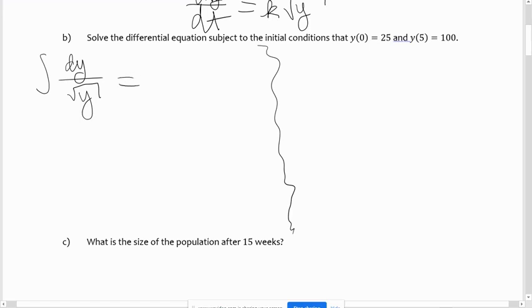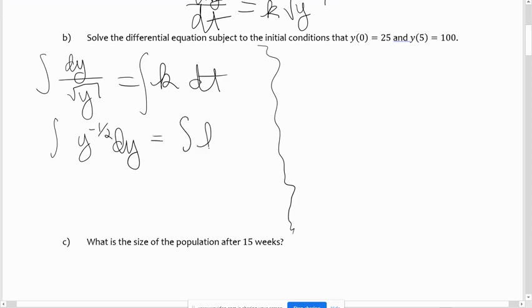And then I'm going to kick the dt over to the other side with the constant, so it'll be k dt. I'm going to do antiderivative, both of those. This would be the antiderivative of y to the negative 1/2 dy. I think you know why. Just making it more user-friendly.